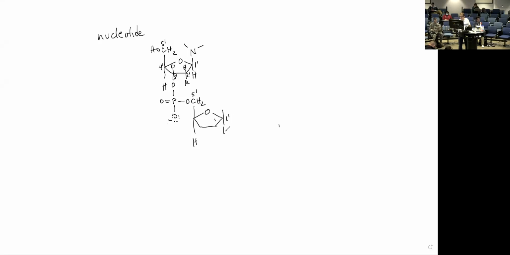This is the 1' carbon. Here's my hydrogen. This again is going to be your nitrogen base, whatever it might be. And I'm going to put H and R over here. And H, this could be OH, or it could have a phosphate ester here. And this is the 2' carbon. This is the 3' carbon, 4', and 5'.